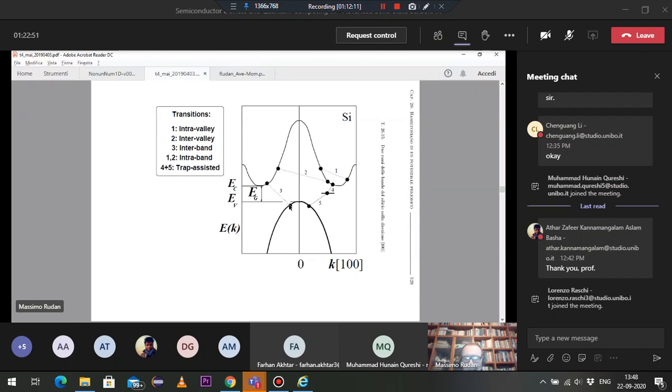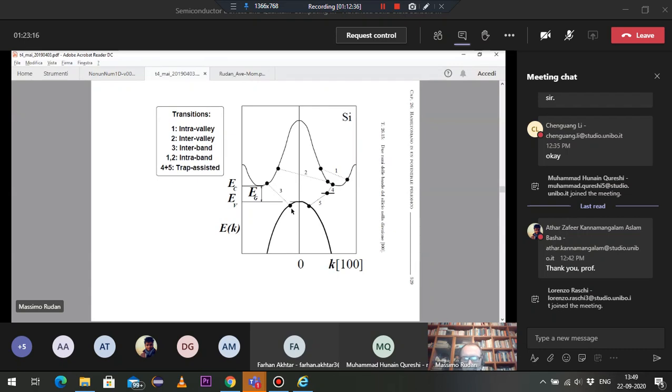For some reason, this electron acquires energy because of a collision with something else, okay? And thanks to this energy, the electron is able to move to make a transition to the conduction band. It goes up in energy. It also changes momentum, of course, okay?